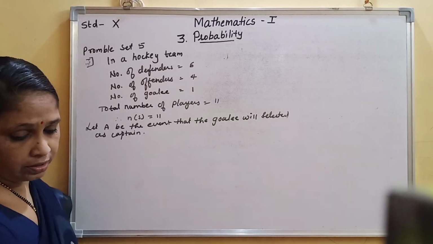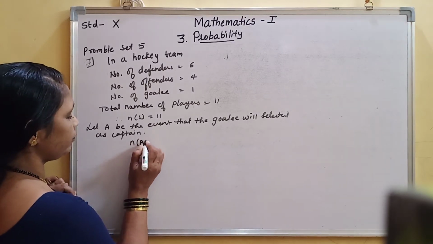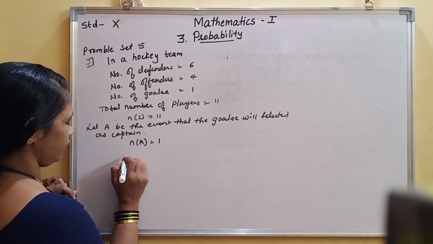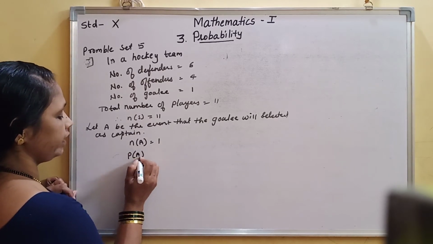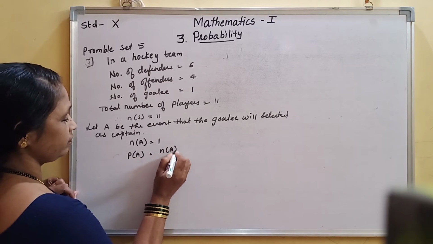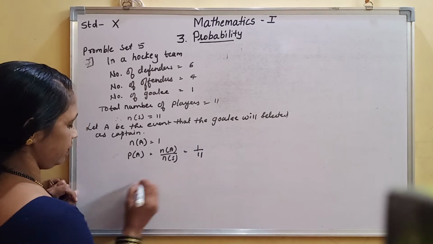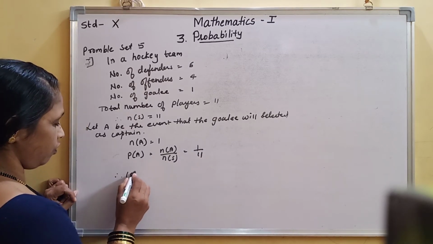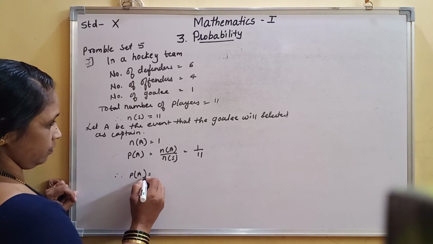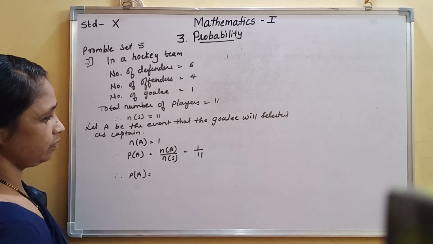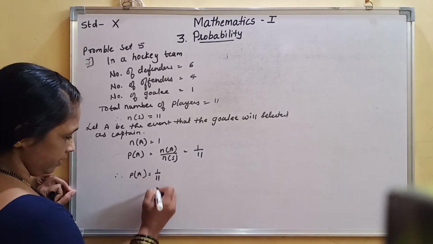N of A, the number of outcomes of A, directly here we will write 1. Therefore probability of A is equal to N of A upon N of S, which is equal to 1 by 11. Therefore the probability that the goalie will be selected as captain is 1 by 11.